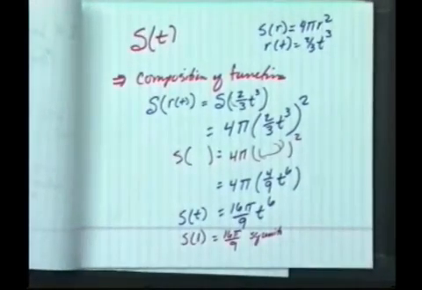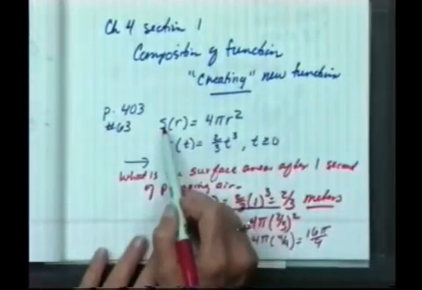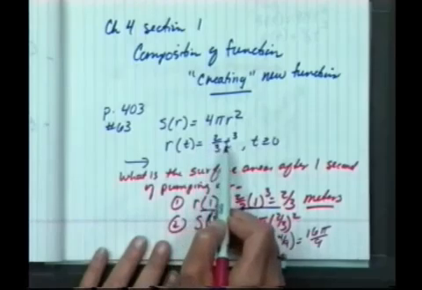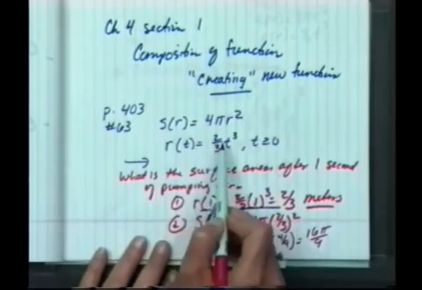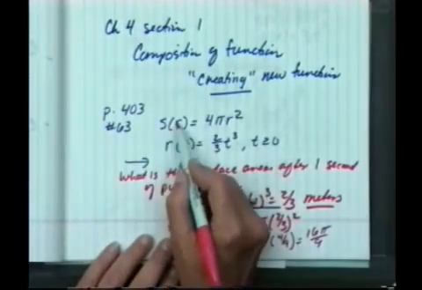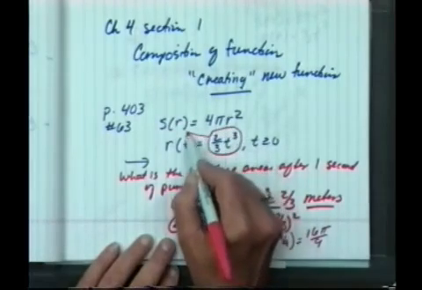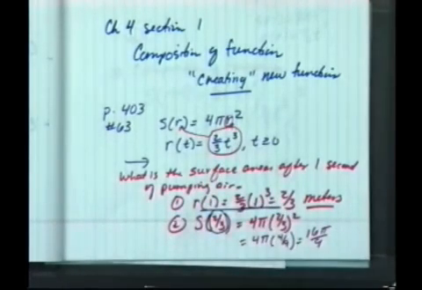All right, I'm going to take it from the top because some of you are looking like you're still in a daze at what I did. The problem said surface area is defined in terms of radius. Radius is defined in terms of time. If I needed the surface area in terms of time, I take what the radius is and plug in for R, and I will have the surface area in terms of time.